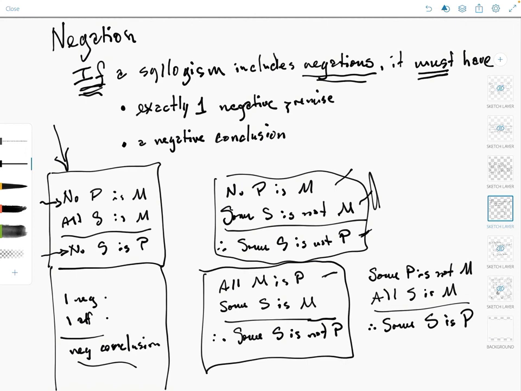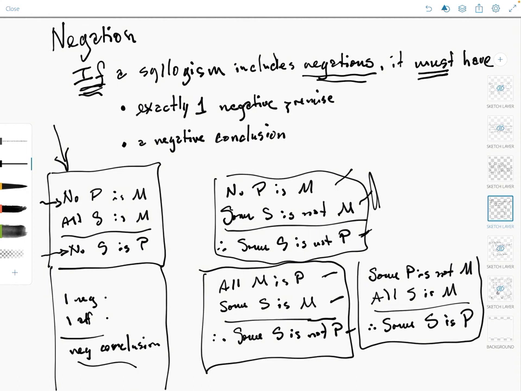See, these are both affirmative propositions, so we meet the second condition, a negative conclusion, but it breaks the rule because there's not exactly one negative premise.